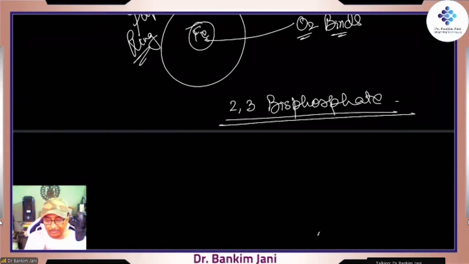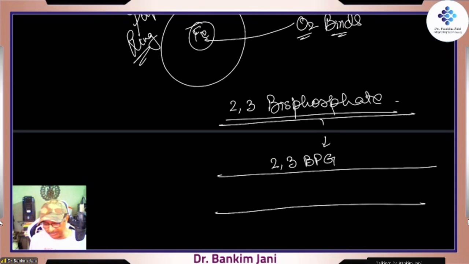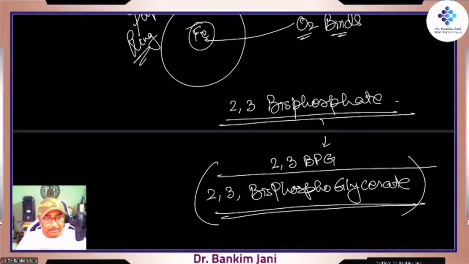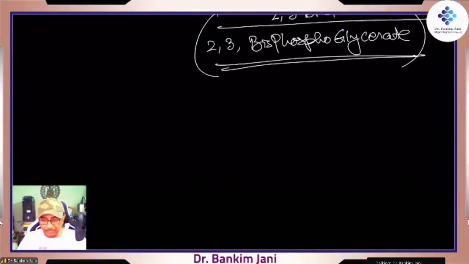And when this bisphosphate gets combined with glycerol, it leads to the final compound, in short called 2,3 BPG, which is the abbreviation of 2,3 bisphosphoglycerate. This is what is used. And the function of it, see the typical function.